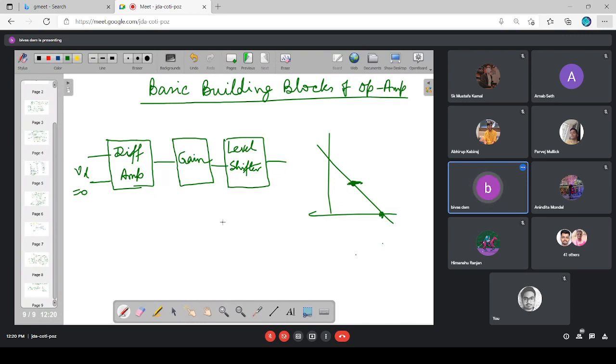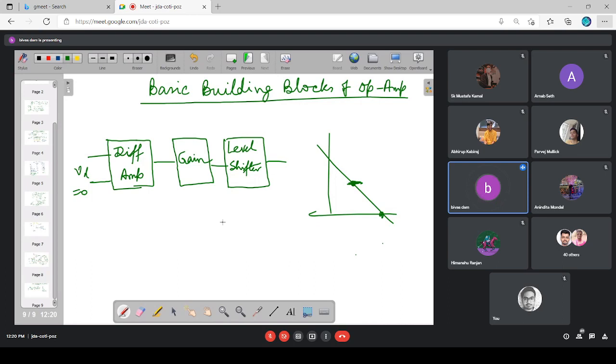Because when you are designing the circuit, you are assuming certain internal parameters of the circuit components. With those internal parameters, with the resistance values, with the DC supplies, you have arrived at the operating point for this combination of the difference amplifier and gain stage. You're trying to bring that operating point to 0 by this level shifter.